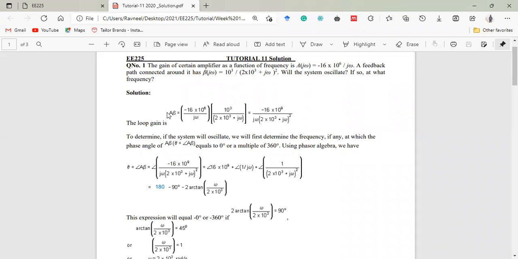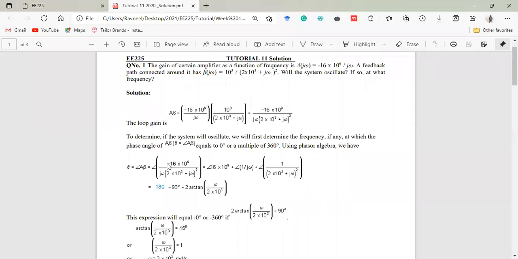Now calculating the phase of A times beta, using the polar properties, the angle of A times beta is equivalent to, if we are multiplying two things, we add the angles, and if we are dividing, we subtract the angles.